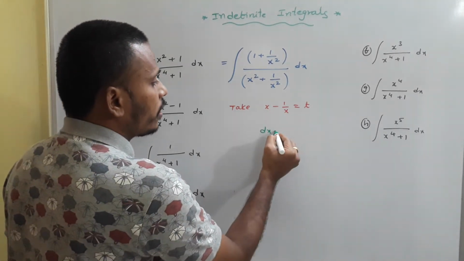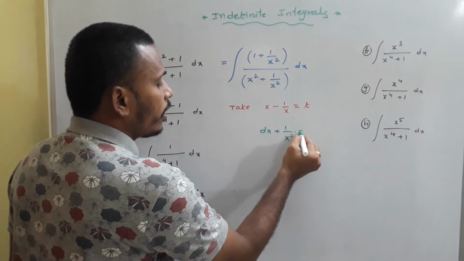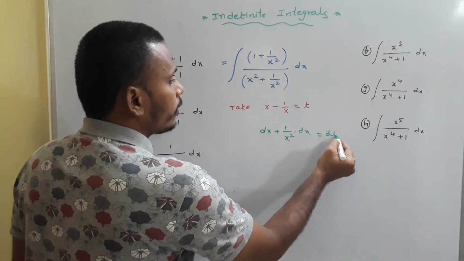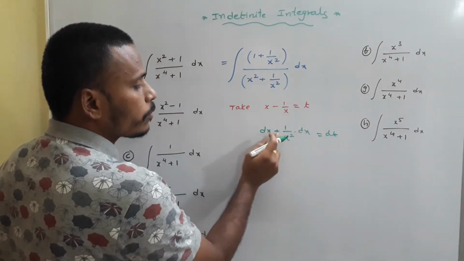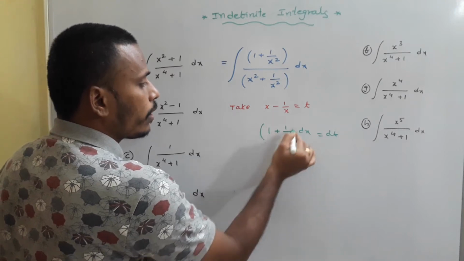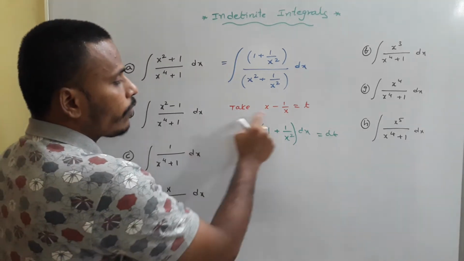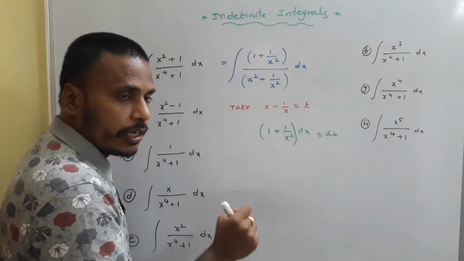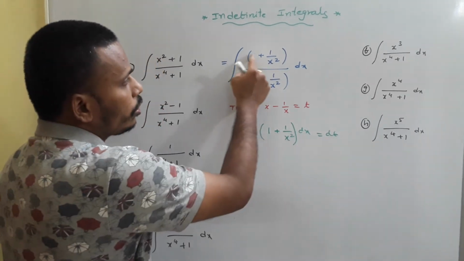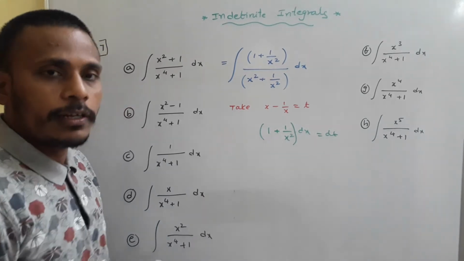Since we have a minus sign here, it is plus 1 by x square into dx, and that equals dt. You just observe this: dx plus 1 by x square dx is nothing but 1 plus 1 by x square into dx, which equals dt. So if x minus 1 by x equals t, then 1 plus 1 by x square dx is dt.